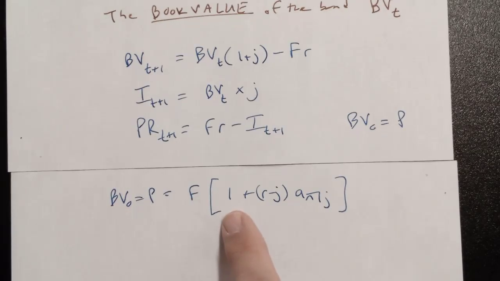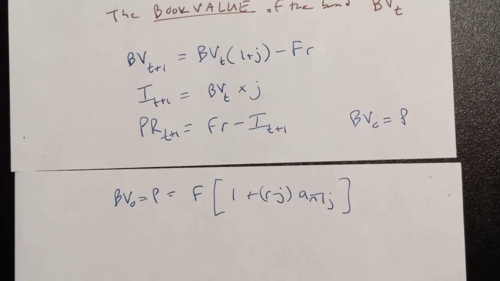This is the prior value of the redemption amount and the amortization, bringing back in time all of the individual payments.